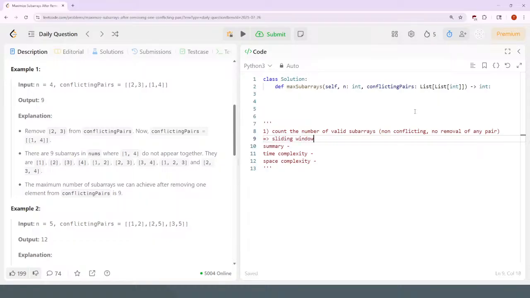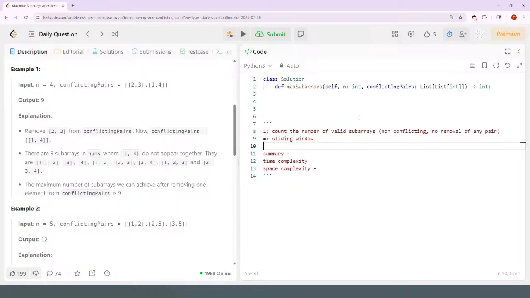So the sliding window would be, you have a right index to your window, and if you have a valid window that has no conflicting pairs, the right index should equal the number of subarrays that end with that index on the right.